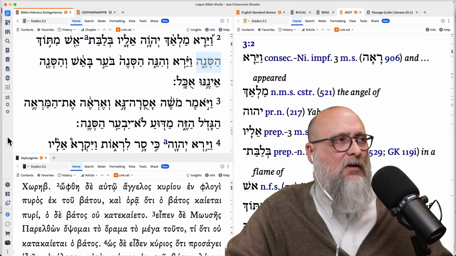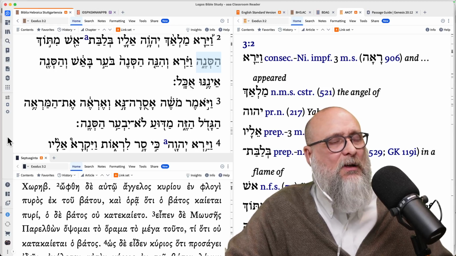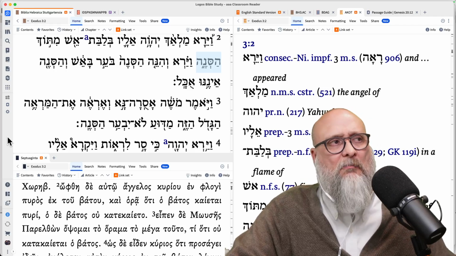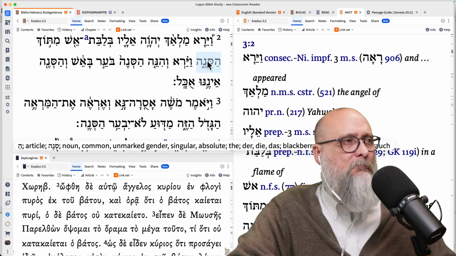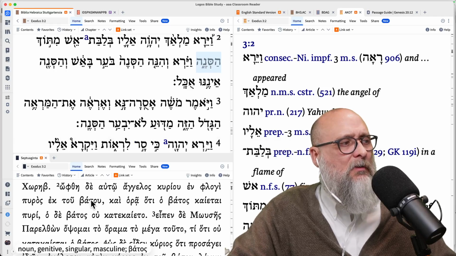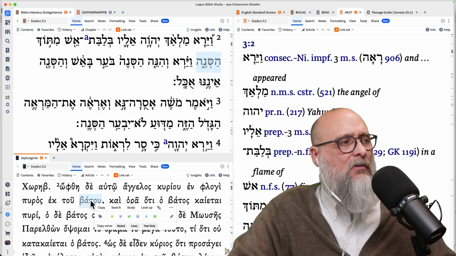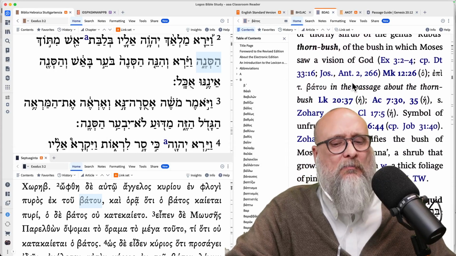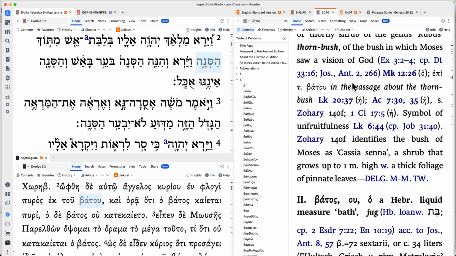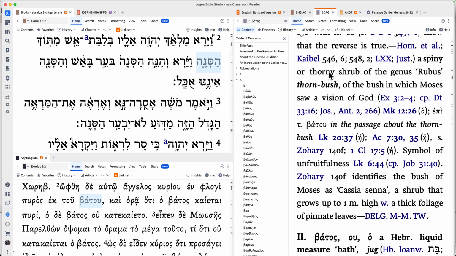So it's clear that this should be translated thorn bush. That's true of the Hebrew, and if we go to the standard lexica in Greek, you can see the same thing is true there.